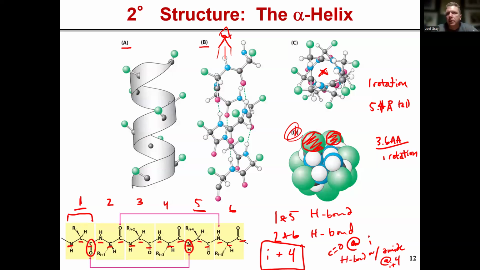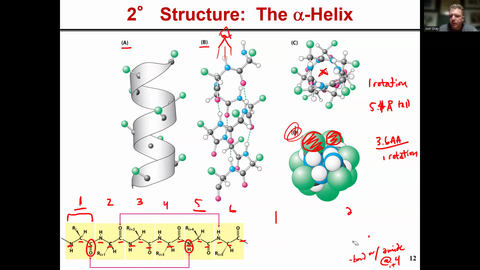Now, what this means is that, let's go ahead and write out some of the hydrogen bond pairs that can arise. I'm going to erase all of this, and now these bonds, the alpha helix doesn't go on forever. So you might have 1 and 5, 2 and 6, 3 and 7, 4 and 8. Now here's where it gets kind of tricky.